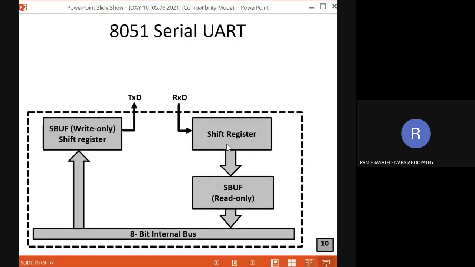It will disturb the previous one I have received. So after receiving 8-bit data, it is automatically moved to SBUF, and from there we can read it. If you don't read it before the next byte fully occupies the shift register, it will be overwritten by the next value. So it is mandatory to read the SBUF register whenever there is data.